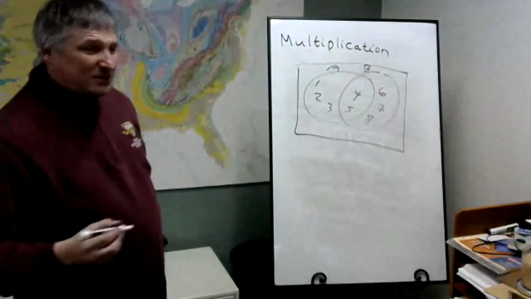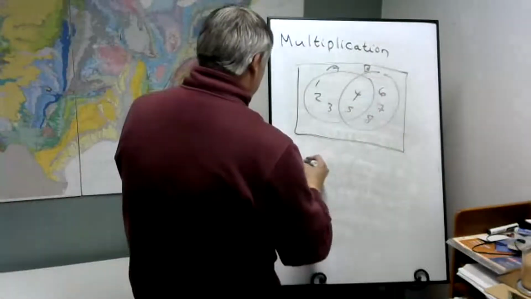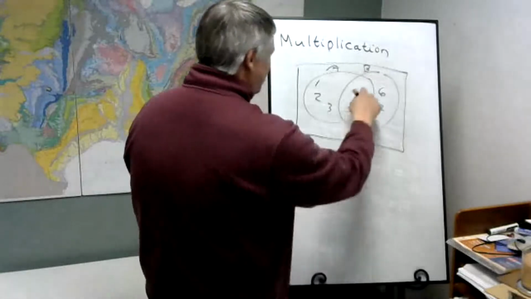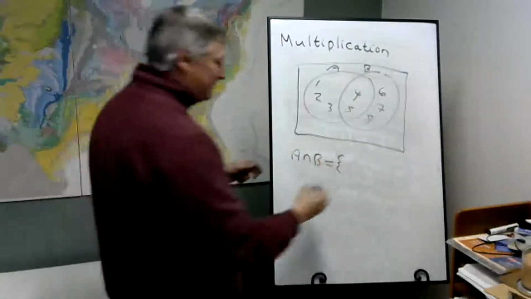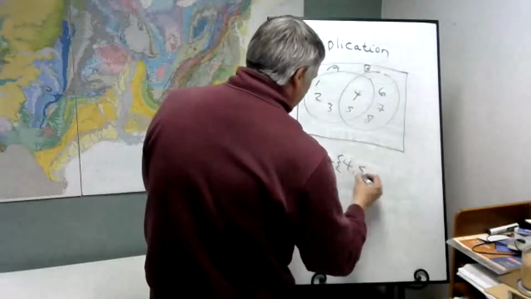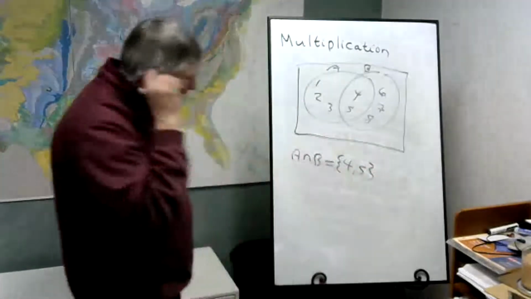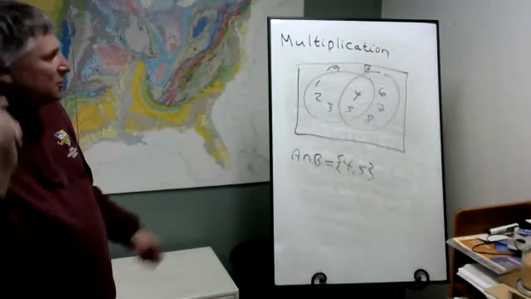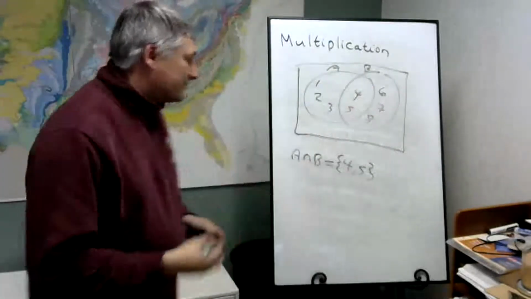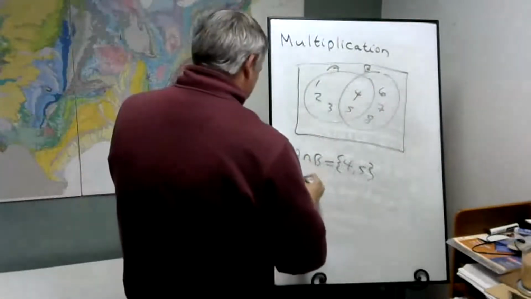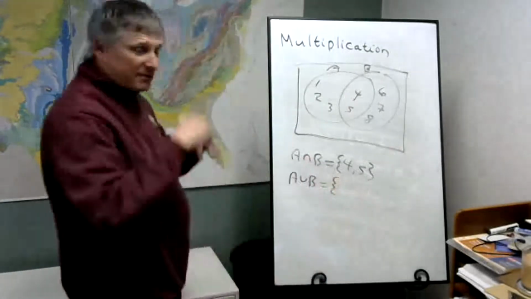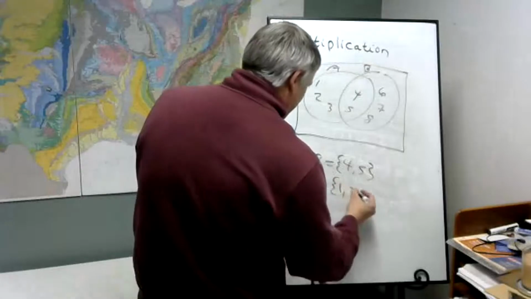When we talk about the intersection of A and B, what we mean are only those elements that are both in A and in B. So that'd be 4 and 5. And we might talk about the union of A and B. That's where we dump everything into the same set.